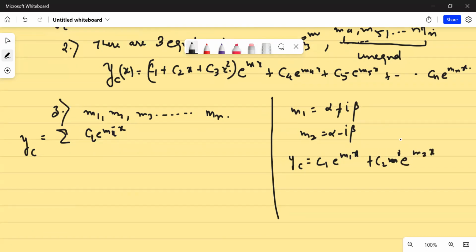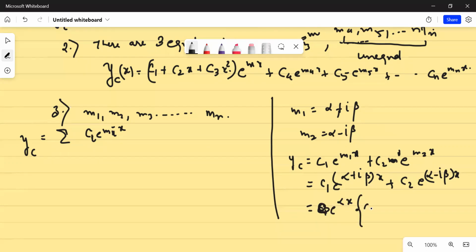But when I solve this entire expression, I get c1 e to the power (alpha plus iota beta) x plus c2 e to the power (alpha minus iota beta) x, and I can take e to the power alpha x common. So I get c1 e to the power iota beta x plus c2 e to the power minus iota beta x. This is how I'm going to get things.